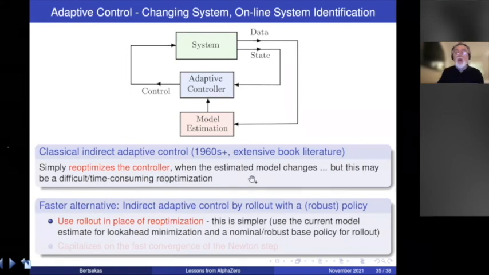And if you're close, if your changes from the nominal are not very serious, then the Newton step, I argue, is just as good as re-optimization and computationally simpler. So we capitalize on the fast convergence of the Newton step to avoid expensive re-optimizations. So that's the idea for the use of rollout in adaptive control as a substitute to re-optimization.